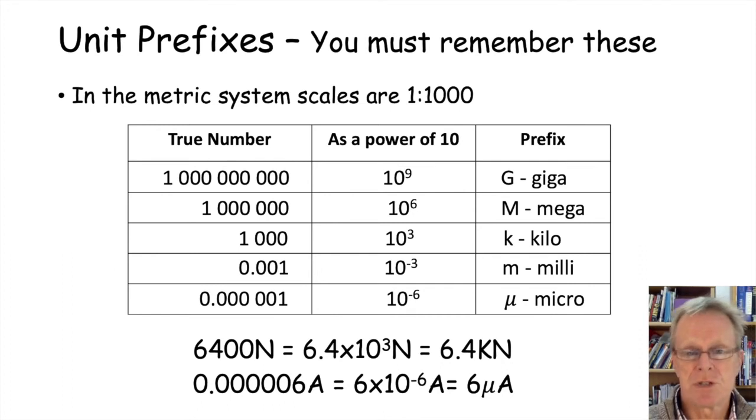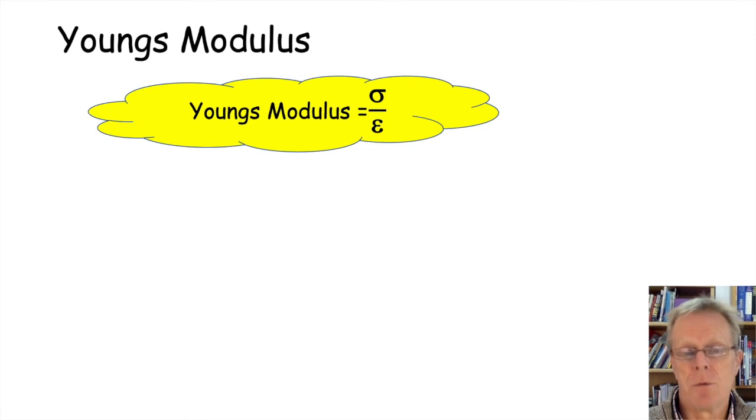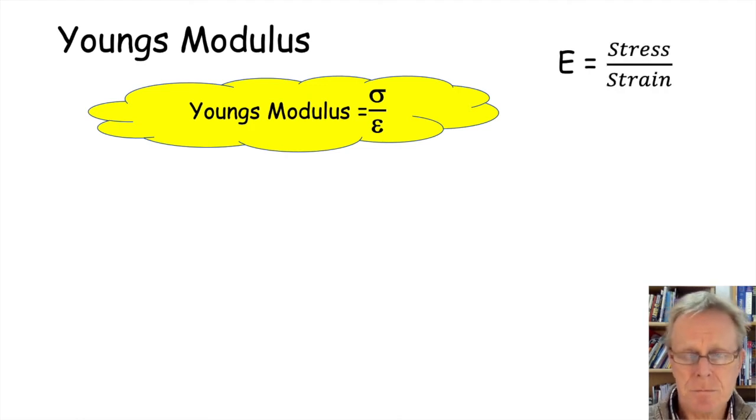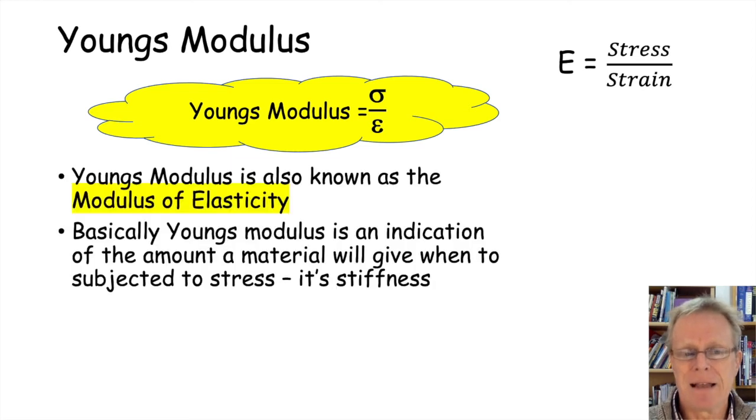Now, we've looked at stress and strain so far. Now we want to talk about Young's modulus. And the formula for Young's modulus is sigma over epsilon, which we now know is stress over strain. Now the Young's modulus is calculated for different materials. It's also known as the modulus of elasticity.